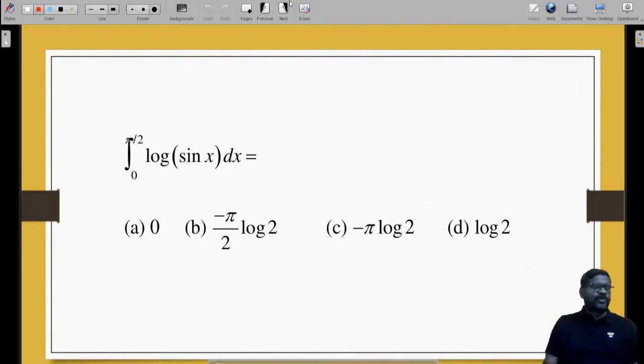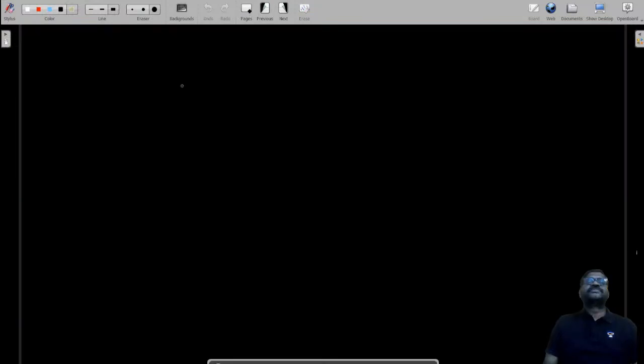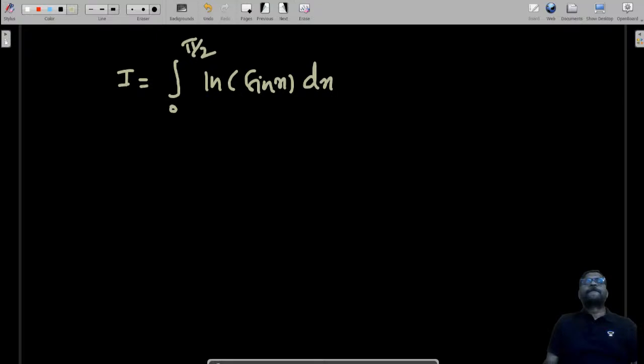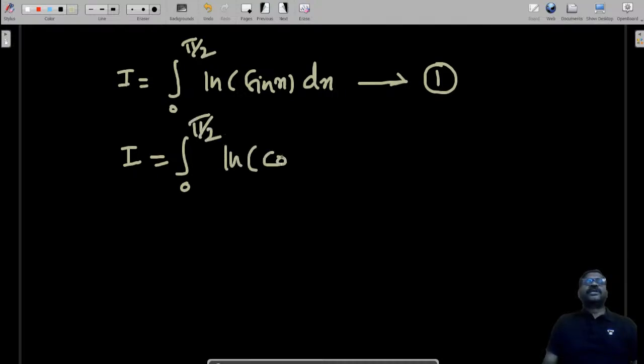Integral 0 to pi by 2 log sin x dx. Call it equation 1. Sin 90 minus x is cos x, so integral log cos x dx. Call it equation 2.